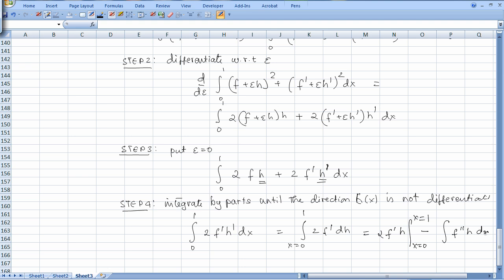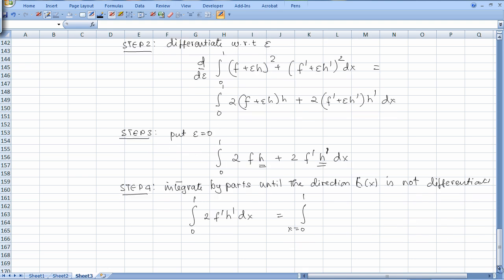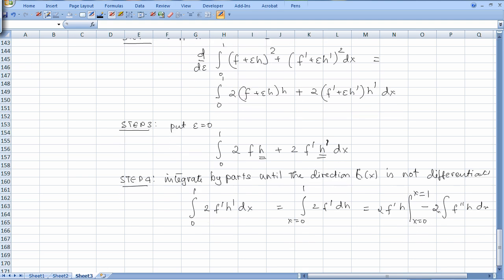That's h df prime. Sorry, I'm missing it too. So what did I get? I got this integral 0 to 1 of 2 f h minus 2 f double prime h dx plus 2 f prime h from x equal to 0 to x equal to 1.